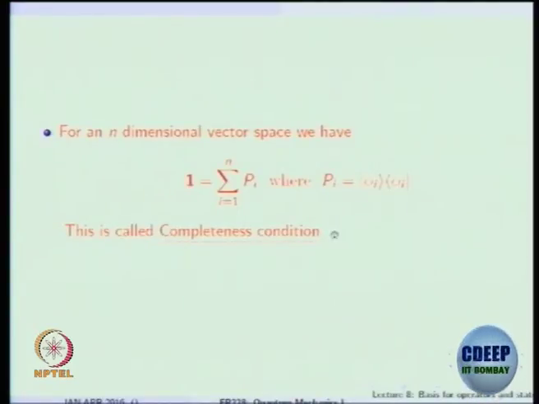This is the completeness condition, and we need this, without which we cannot work, we cannot make progress. A basis set, if I say it is a basis set, it has to satisfy this criterion.